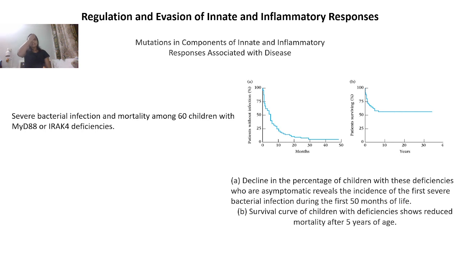They will be infected with a high rate of bacteria, or there will be severe infection in these children, especially because their immune system is not as developed as adults'. So there is an increased chance of mortality if there is any kind of mutation in this signaling system.